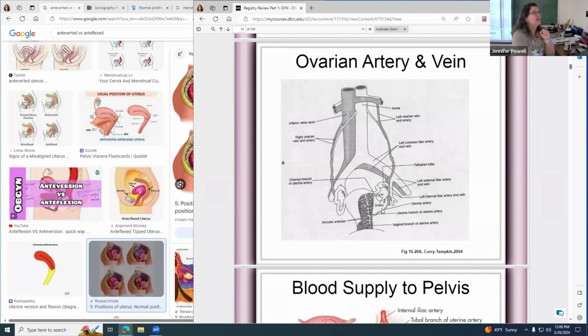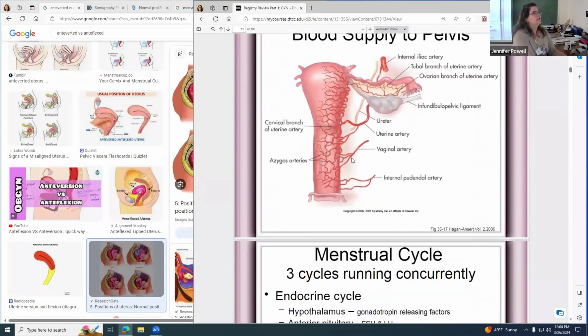And the left ovarian vein drains into the left renal vein. So that can create problems, something like pelvic congestion syndrome, where those veins that need to go into the renal vein and then into the IVC can actually get varices, and it can cause what's called pelvic congestion syndrome. So take a look at that.